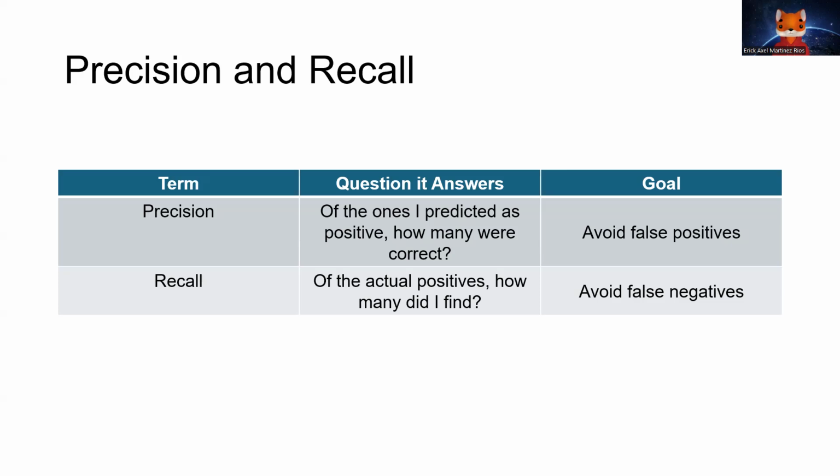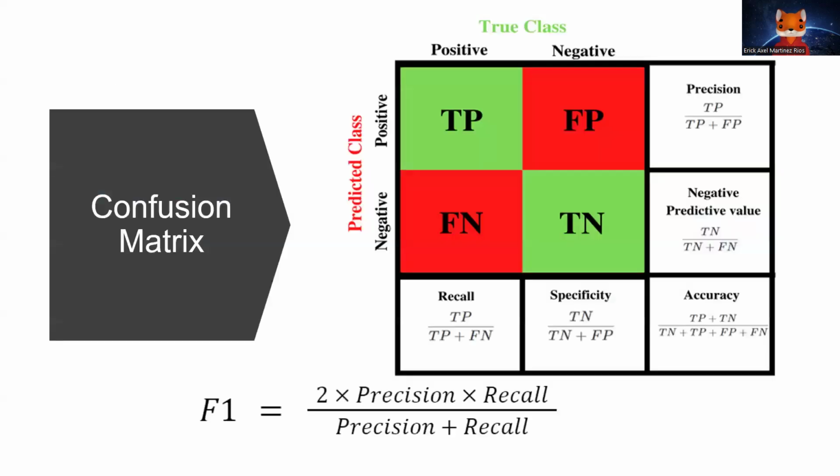And the recall is asking another question: of the actual positives, how many did I find? To understand that, we also need to go back to the equation. The recall is basically taking the true positives and dividing by the true positives plus the false negatives.